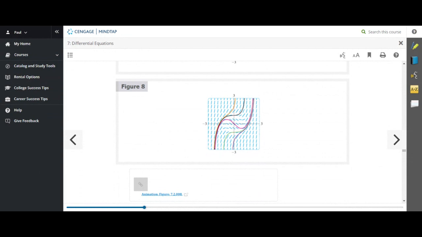So which solution curve, yellow, black, purple, green, or red, passes through the point 0, 1? The black one. That's right. Do you see any other solution curves passing through the coordinate 0, 1?